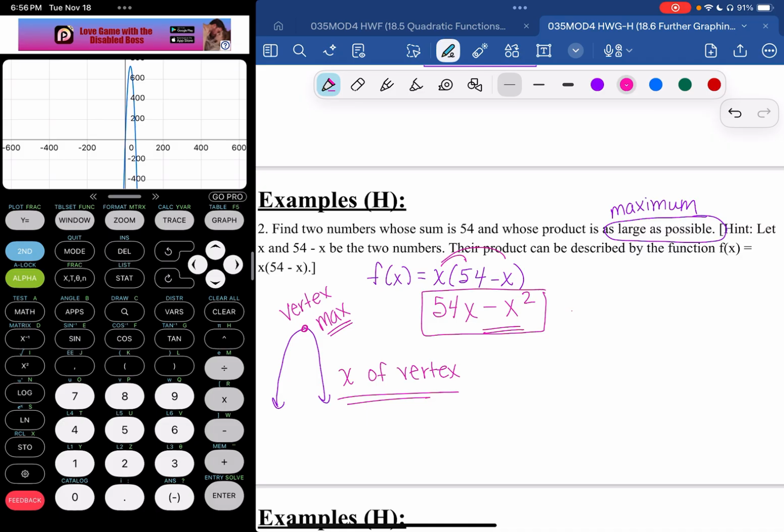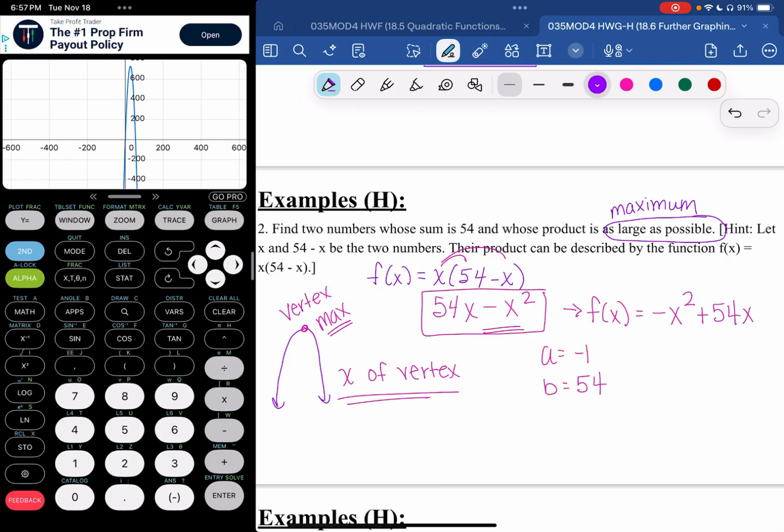So I'm going to rewrite this because I like for it to be in order. So negative x squared plus 54x, because now I can find my A is -1 and my B is 54.